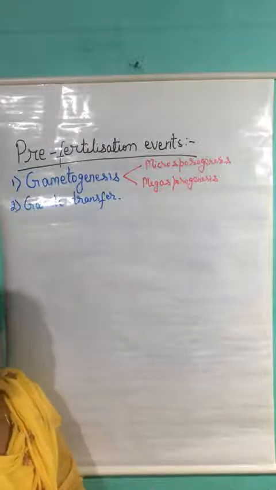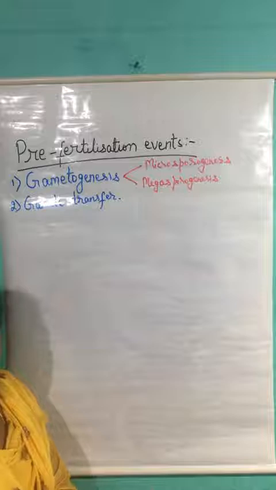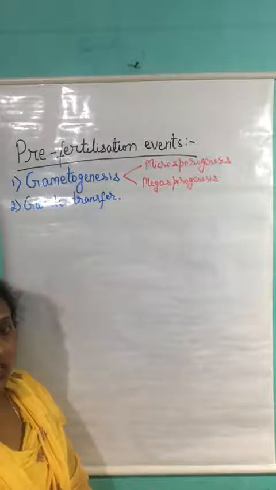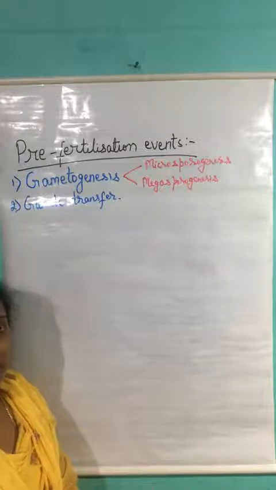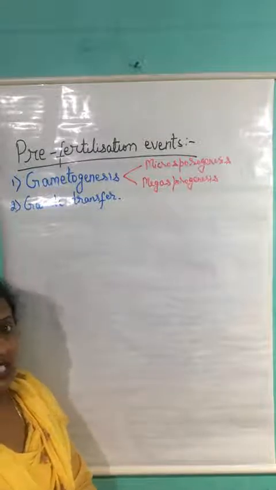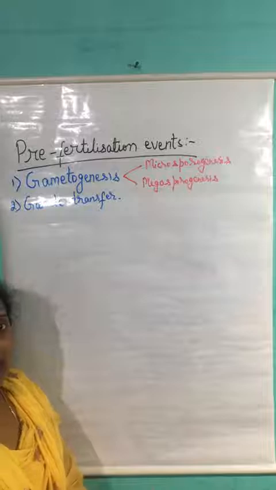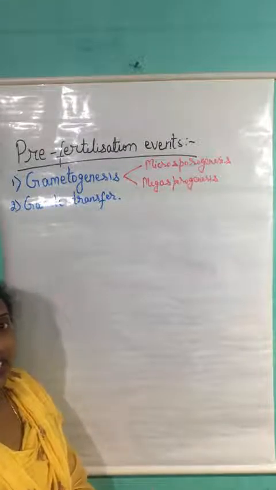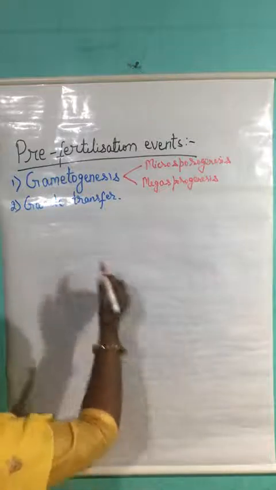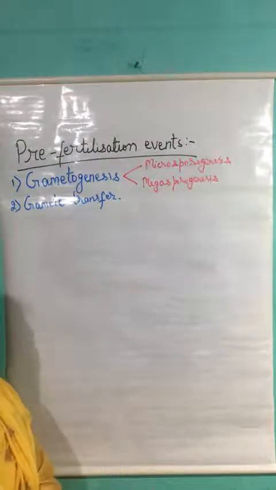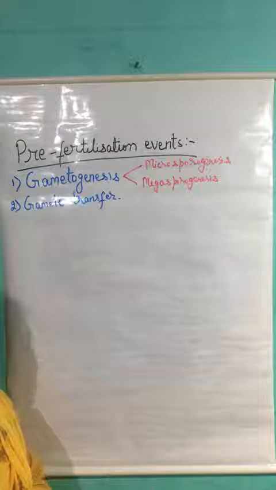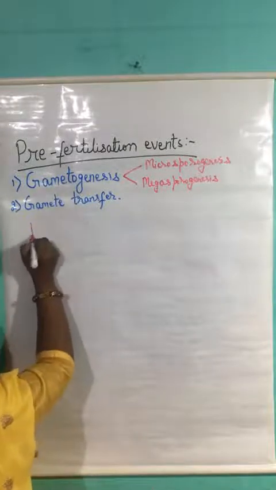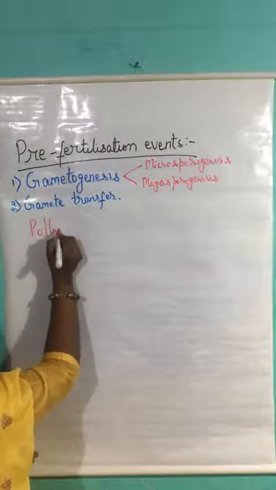As we have discussed, in higher plants, angiospermic plants, the gametes are immotile. So they have to depend on some process or method so that the male gamete reaches the site where the female gamete is present for the process of fertilization. The process of transfer of the gamete in plants that we are going to discuss is pollination.